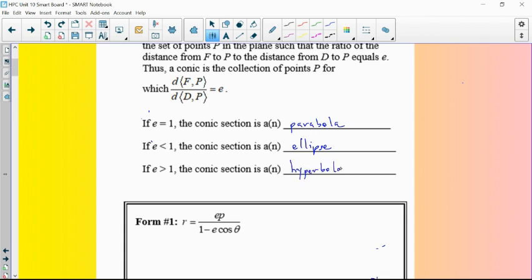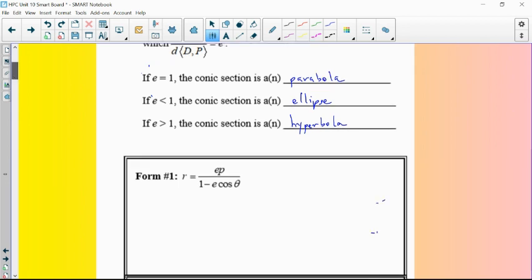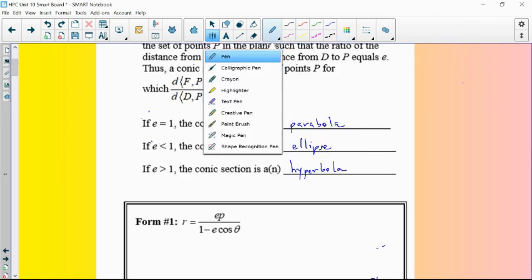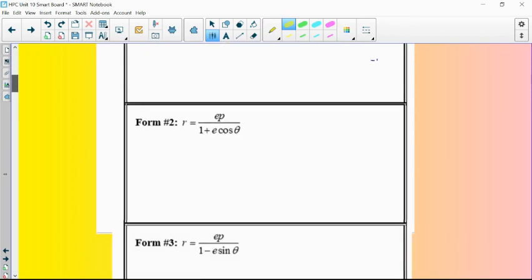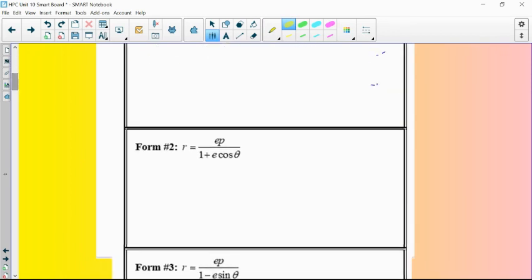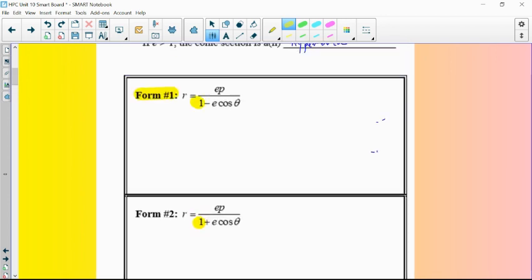So we're going to try to recognize where we see this eccentricity value. It turns out that if you have a polar function that looks like what I have here, whether it's form 1, form 2, form 3, or 4, your goal is to get a 1 in your denominator, and it becomes a sum or a difference with your cosine or sine.